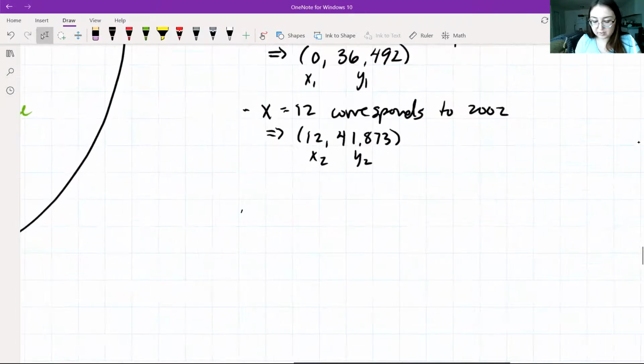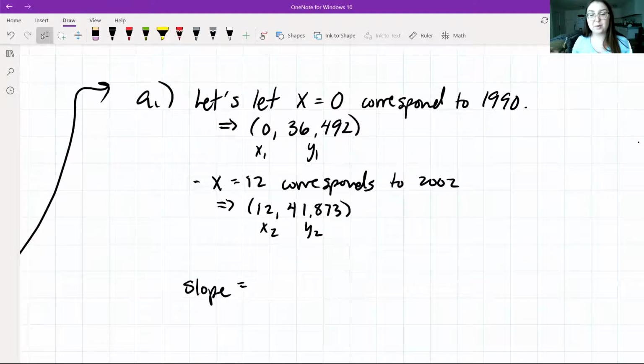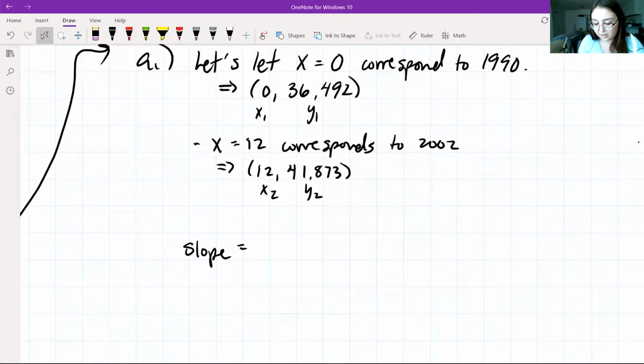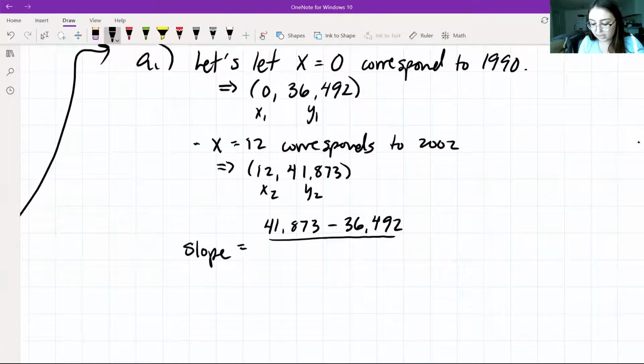So all we need to do is find the slope, and then we can use our slope-intercept form. So if we want to find the slope, as always, we know it's y2 minus y1 divided by x2 minus x1, so let's plug in these values. We have 41,873 minus 36,492 divided by x2 minus x1, in this case 12 minus 0.